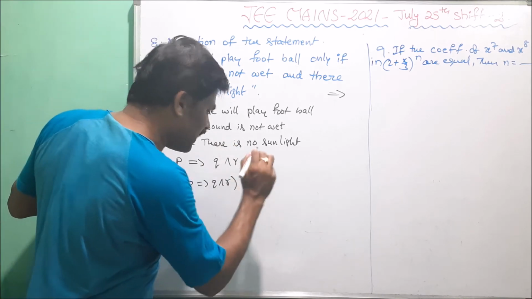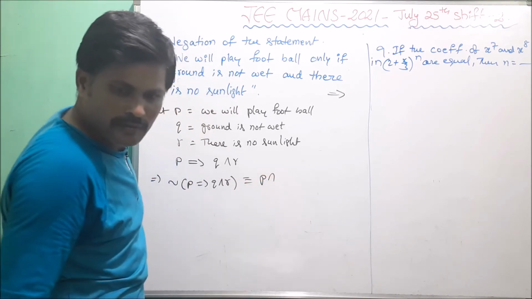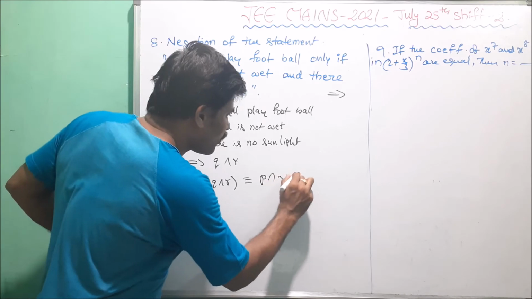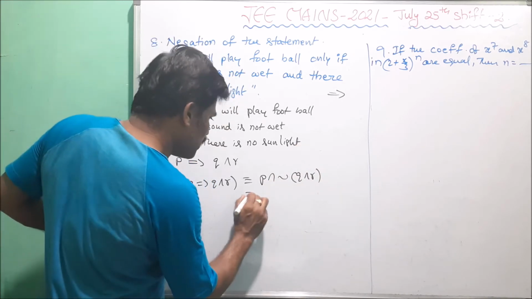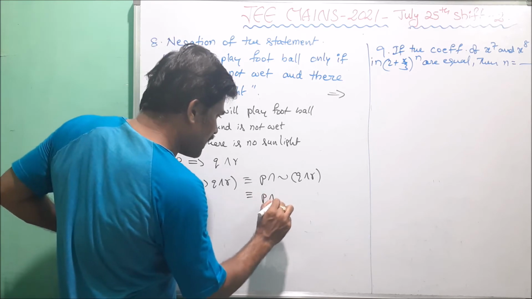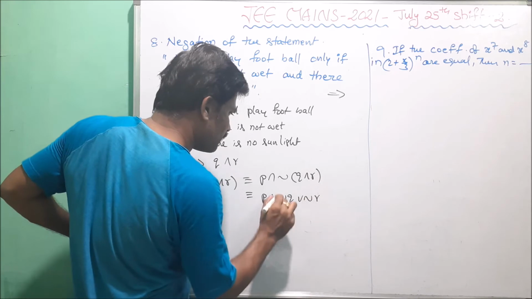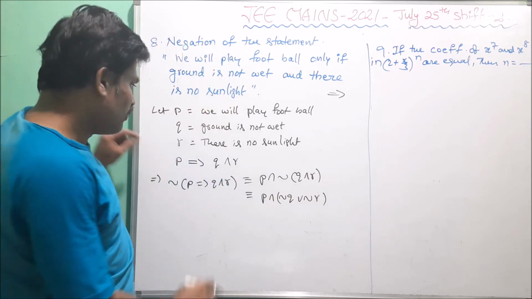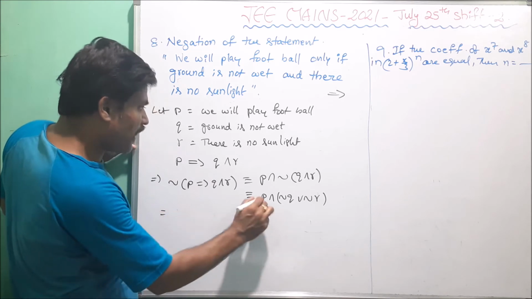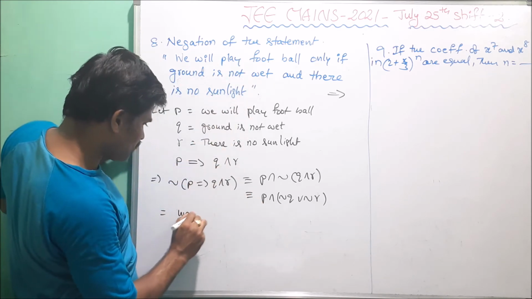Now which is clearly logically equivalent to P and negation of Q and R. Now that is P and negation Q or negation R. So now here we write P. P means we will play football.